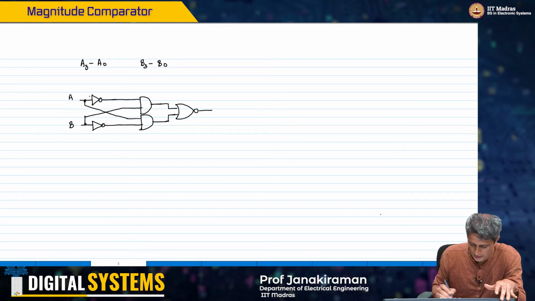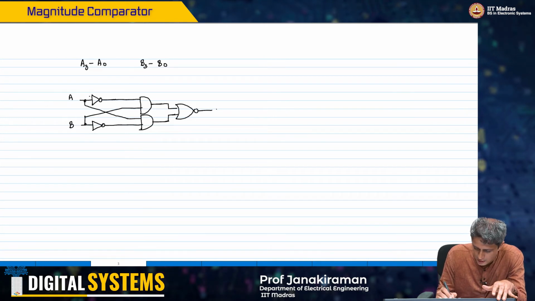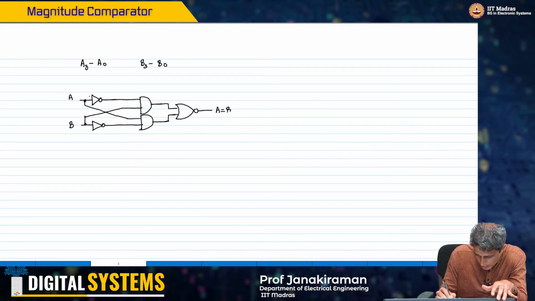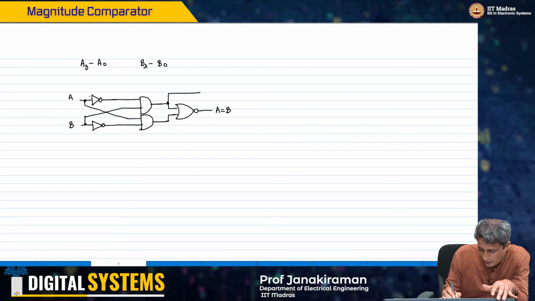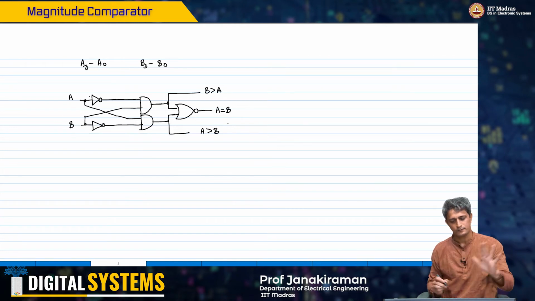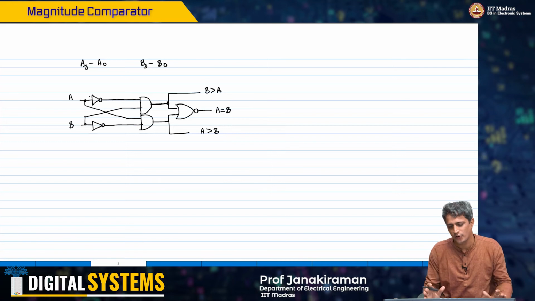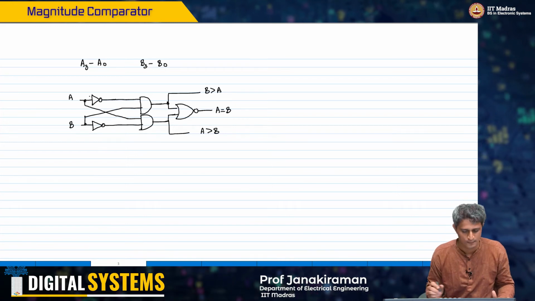So I have this, and this is what I'm going to call A equal to B, and this is A bar into B, that means this is B greater than A. Now this is A greater than B. So this is my 2 input 3 output. I've just redrawn it for convenience like this.